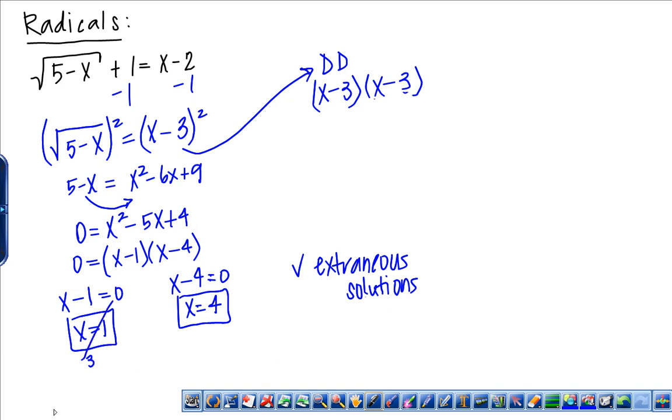This one does not work. That's not equivalent. So this would be an extraneous solution, which is a false positive. Okay, let's try this. 5 minus 4 is 1. Square root is 1 plus 1, that's 2. 4 minus 2 is 2. So this one works. So this is the only real solution.